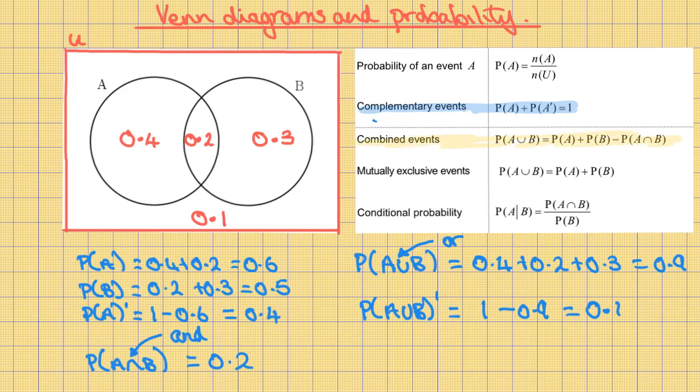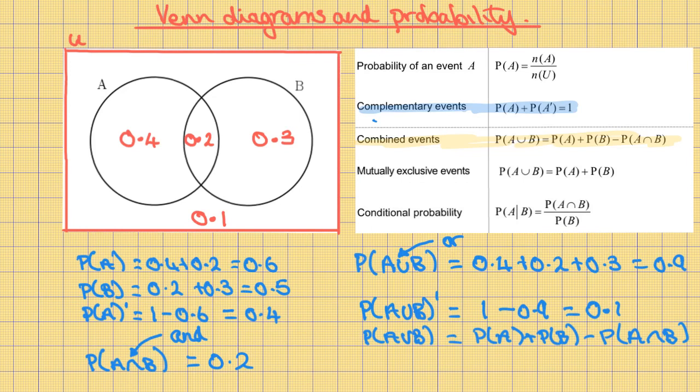And that says that the probability of A union B is equal to the probability of A plus the probability of B minus the probability of A intersection B. This formula sometimes confuses a lot of people because you've got this subtract the probability of A intersection B. And why is that?